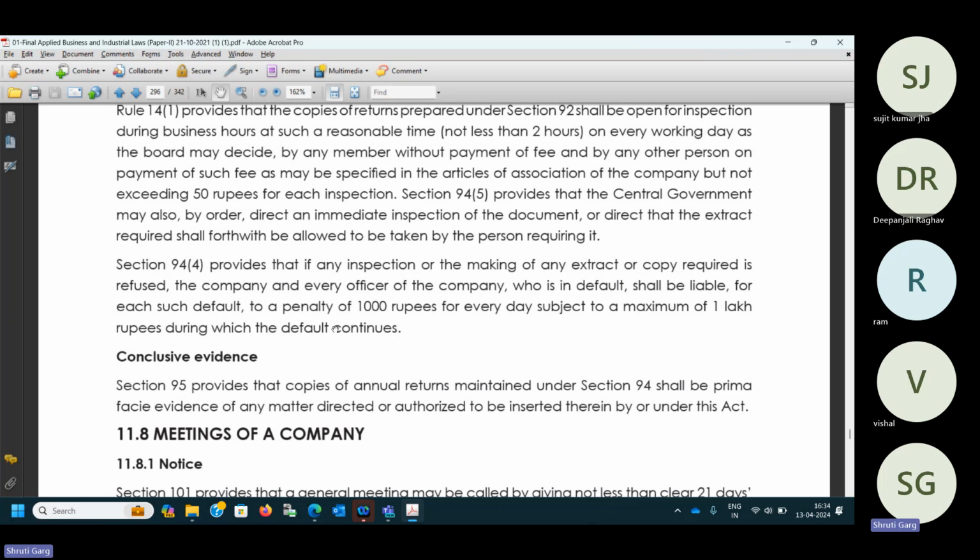How much penalty? 1,000 rupees for every day, subject to a maximum of 1 lakh rupees, during which the default continues. Clear? During which the default continues.